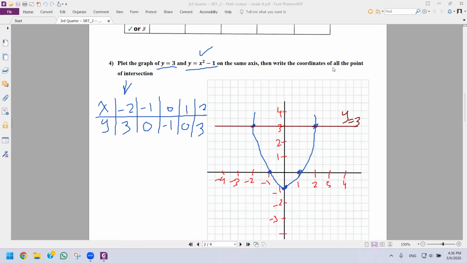Now, the question also said, write the coordinates of all the points of intersection. So, where do these two graphs intersect? One point is here and one point is there. We need to write their coordinates. So, let me start with the positive one. x is 2, y is 3.